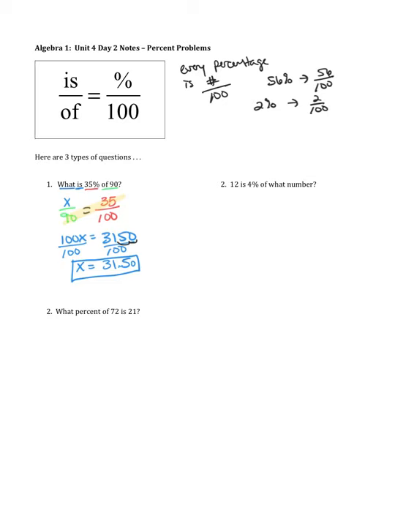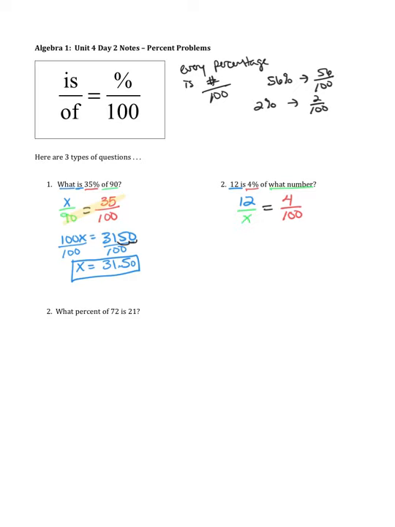Now let's set it up again. Again, lots of colors. And this time we have 12 is 4%. That'd be 4 over 100 over what number? That's our x. Same thing.